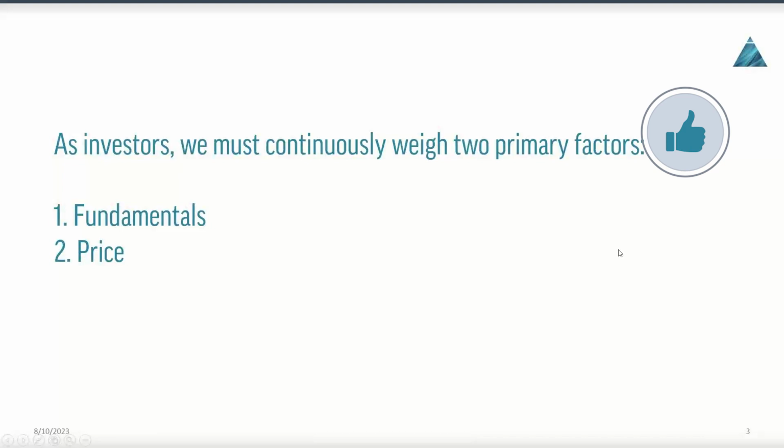So as investors, just a quick, broad background, right? We all are investors, either institutional or individual, but we must continuously weigh two primary factors that affect what we do on a day-to-day basis. One is fundamentals. Understanding the direction of the economy, the direction of revenue of companies, the direction of earnings, and all the factors that affect all of the above.